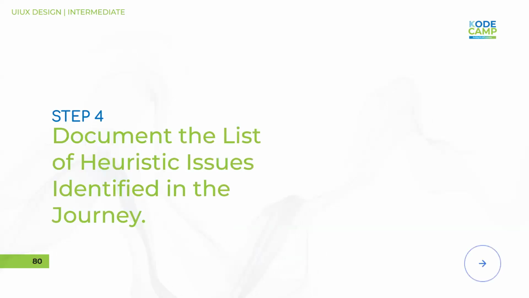Okay, step 4 is to document the list of heuristic issues identified in the journey. While in this process, document the list, because when you document it, it will help you track it and work on it easily.